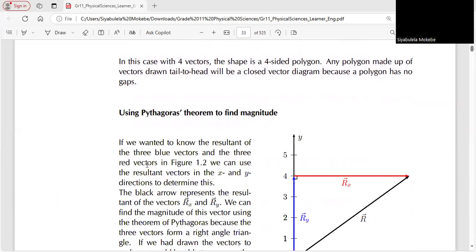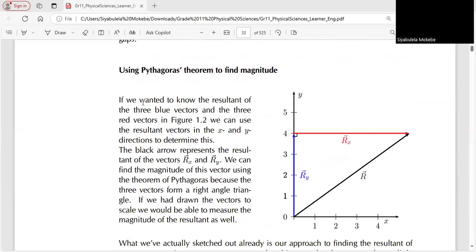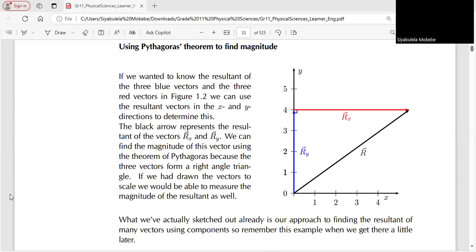Using Pythagoras' theorem to find magnitude, if we wanted to know the resultant of the 3 blue vectors and the 3 red vectors in figure 1.2, we can use the resultant vectors in the x and y directions to determine this. The black arrow represents the resultant of the vectors, r of x and r of y.